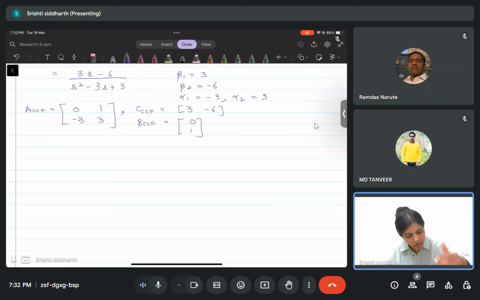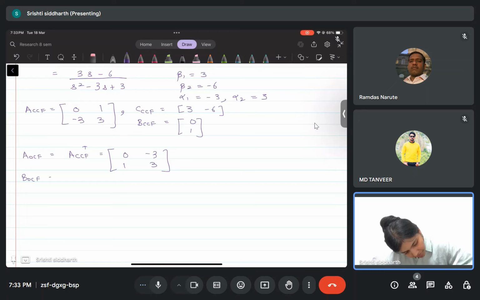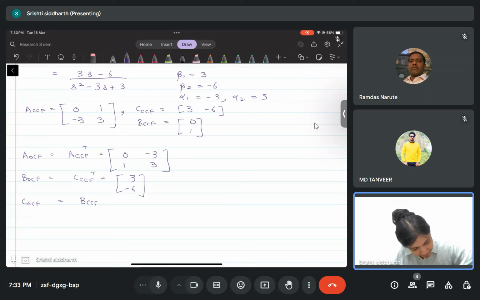Now we can just compute our OCF, which is A_OCF: [minus 3 3; ...], C_OCF: [3 minus 6], and finally we have B_OCF as C_CCF transpose, which is [0; 1].